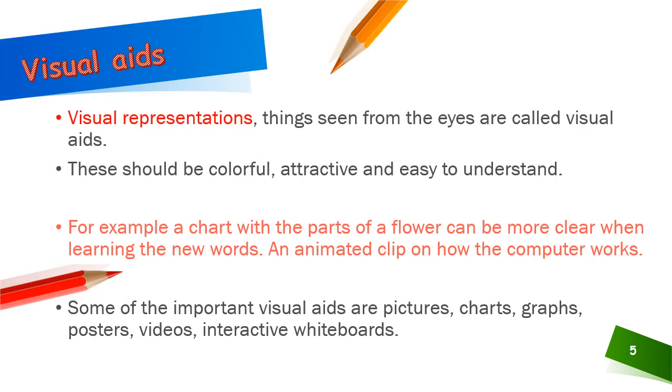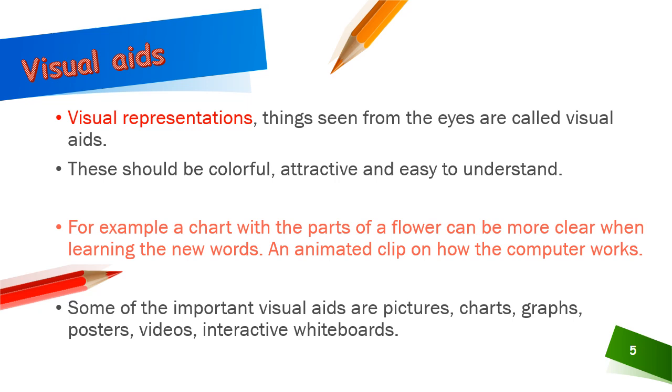Let's move on to the first category, visual aids. In other words, it's called visual representations, things seen with our eyes. These should be colorful, attractive, and of course easy to understand. Some of the visual aids are pictures, charts, graphs, posters, videos, and of course interactive whiteboards.